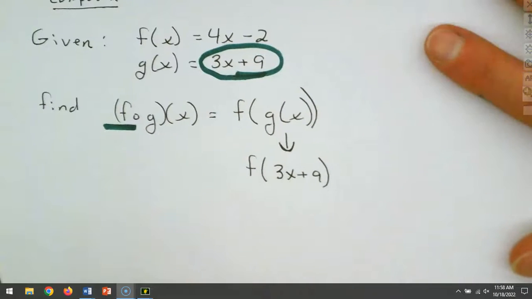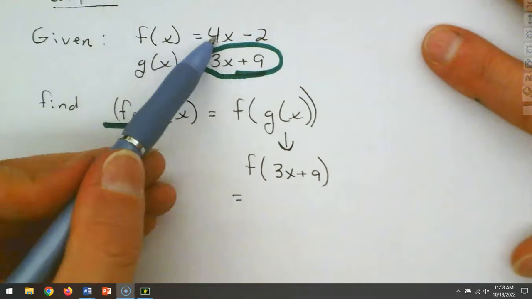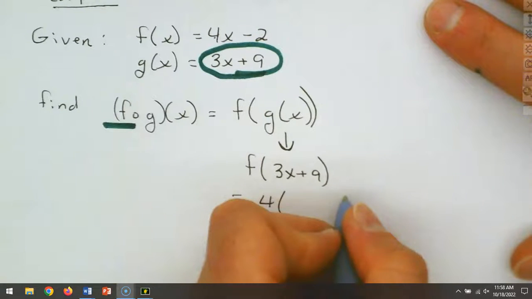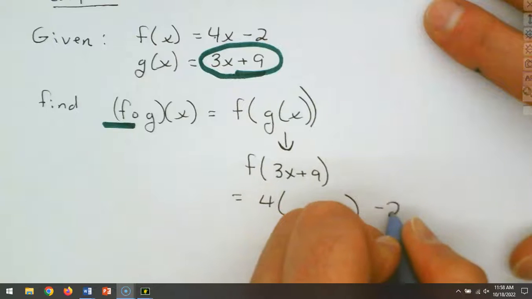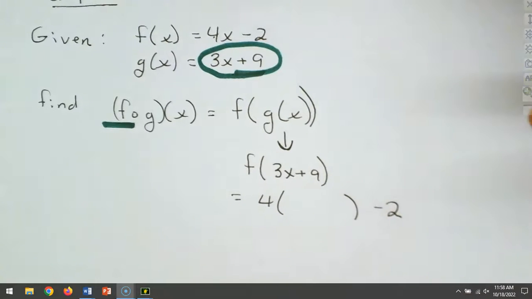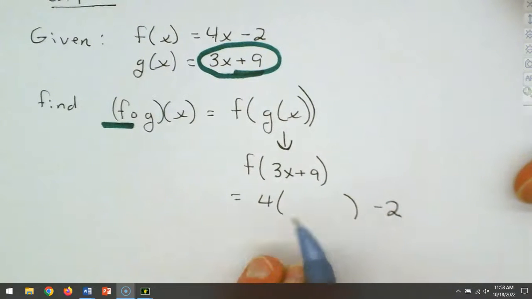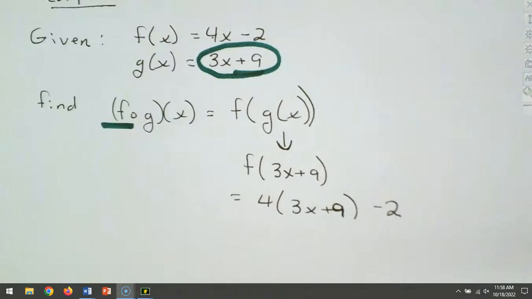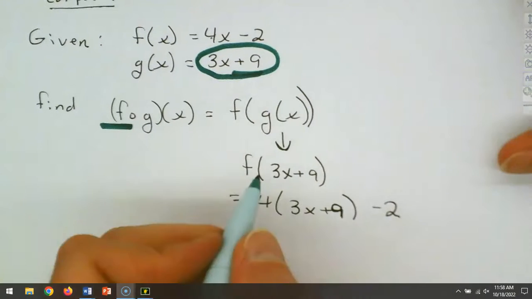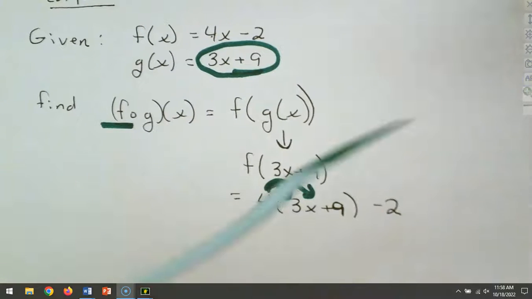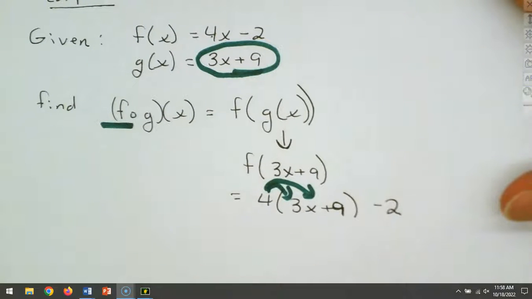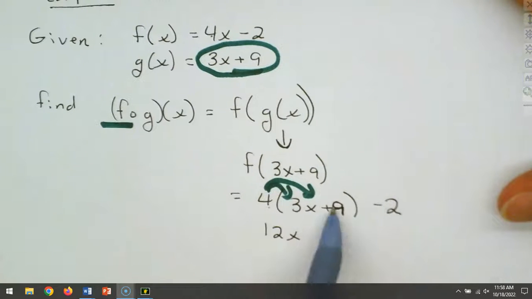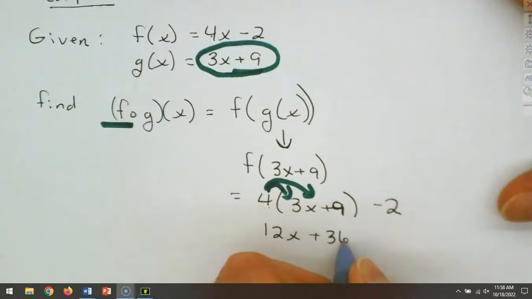Now, what is my f function? Okay, 4x minus 2. I'm going to now rewrite it, and I'm going to put parentheses where the x is. And what's going to go inside of my parentheses here, do you think? Yep, 3x plus 9. And now can we finish it? Yep, we can distribute through that 4. 4 times 3 makes 12x. 4 times 9 is 36.